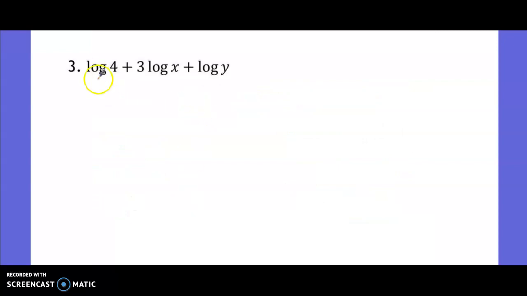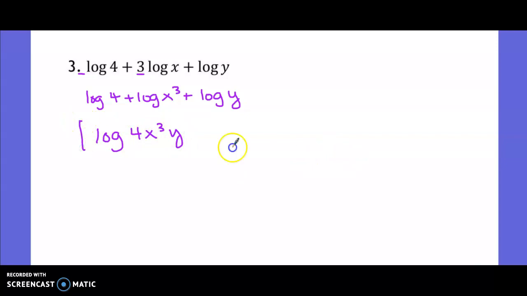And the last one here, to condense, numbers out in front will become the exponents, so log of 4 plus log x cubed plus log of y, and then these are all adding, so we'll multiply all 3 of these. Log of 4x cubed y. And that is fully condensed into one log.